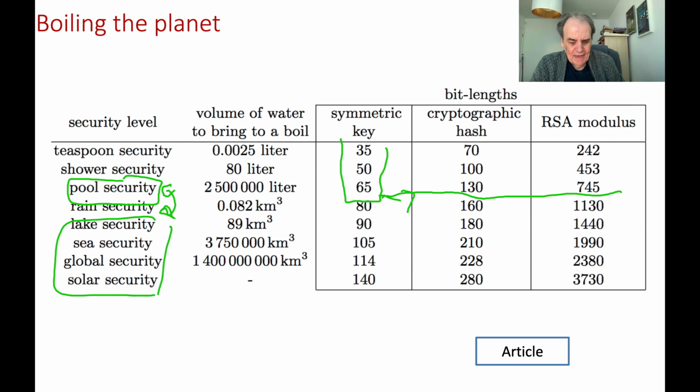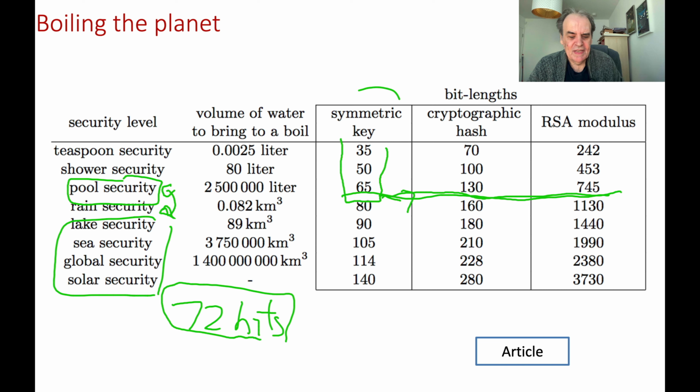So the break point happens somewhere around here, and we can define that roughly as 72 bits. So 72 bits of a symmetric key is probably the limit that we have for our encryption.